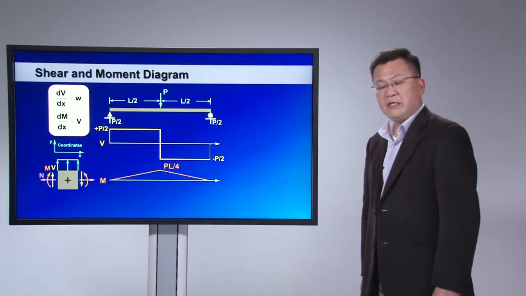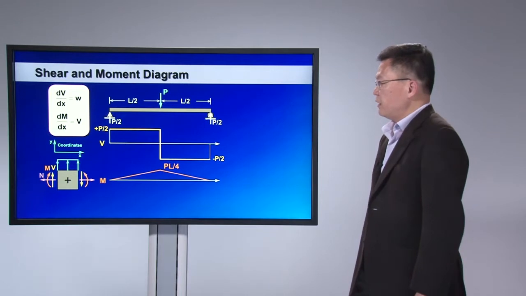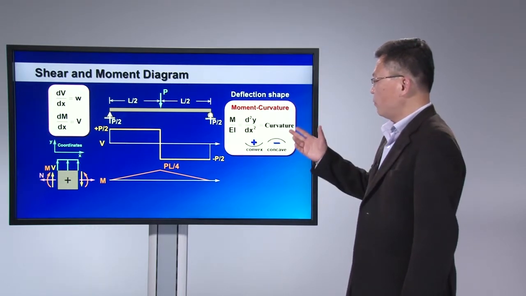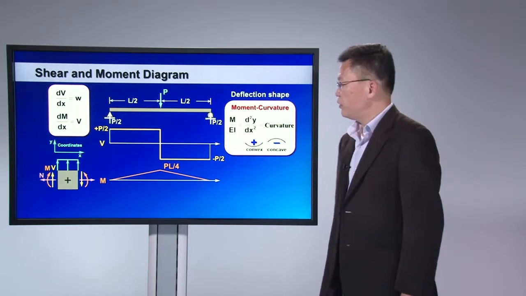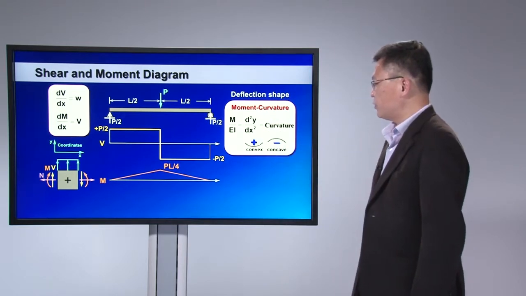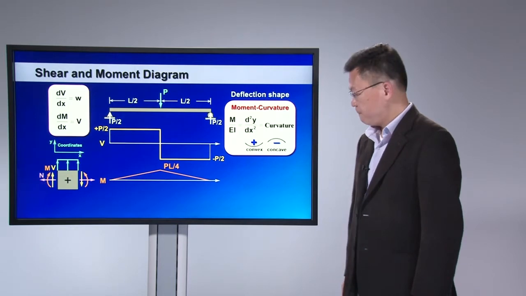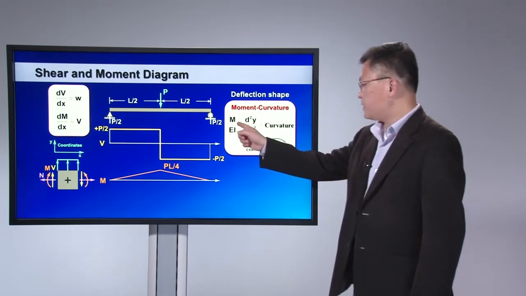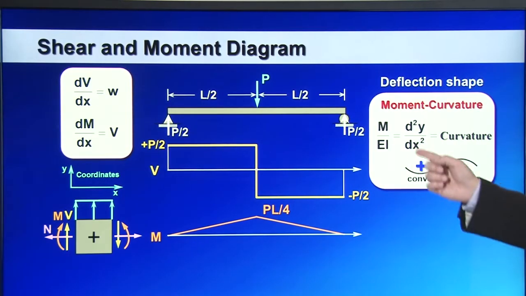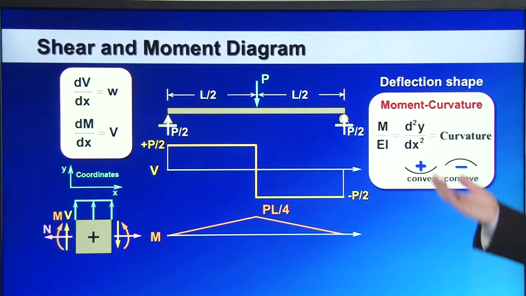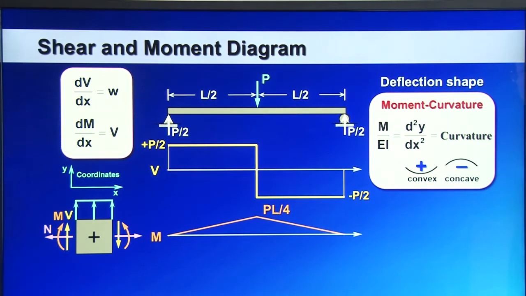So after you obtain the bending moment diagram, you can go to the moment curvature equation, which is M over EI equal to curvature, and then draw the deflection shape. So if you have a positive bending moment, then the curvature should be positive, which will give you a convex shape of deformation.